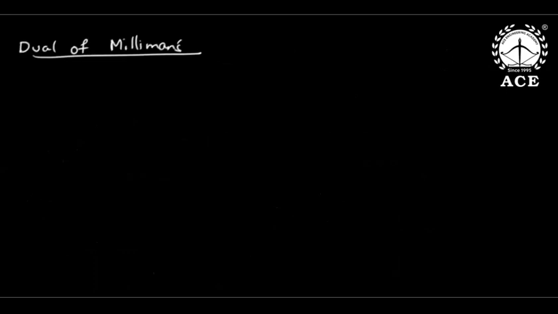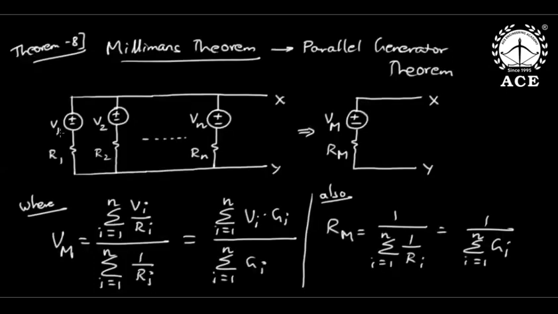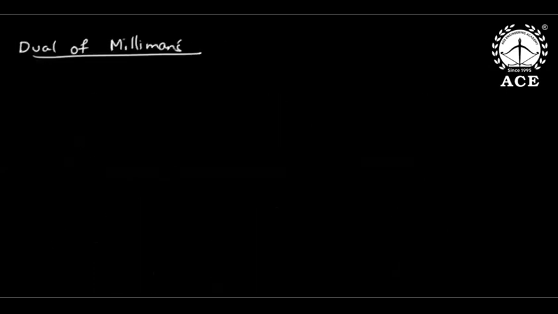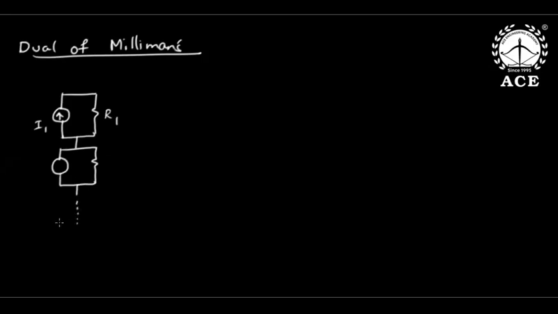Now I'm talking about the dual of Millman's. Here these are practical voltage sources in parallel. Now what is the dual? Practical current sources in series. What is a practical current source? A current source in parallel with a large resistance. Current source I1 in parallel with large resistance R1, and such things are in series between two terminals.